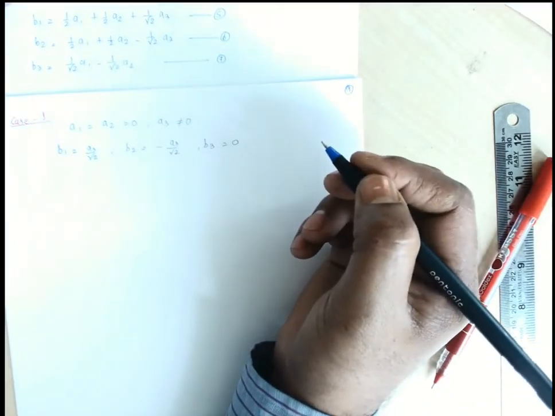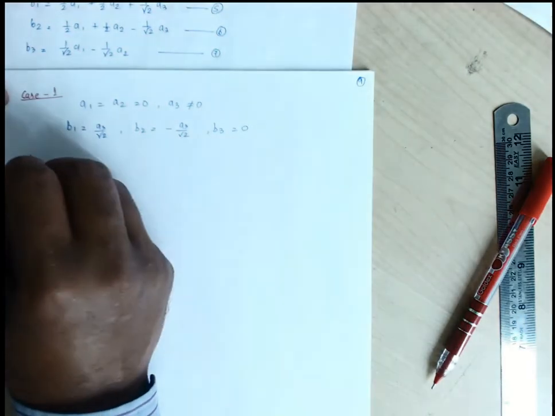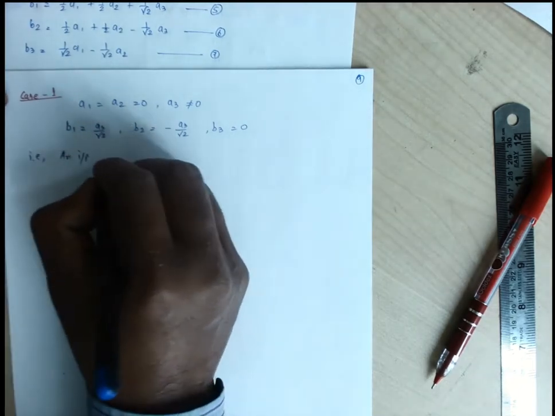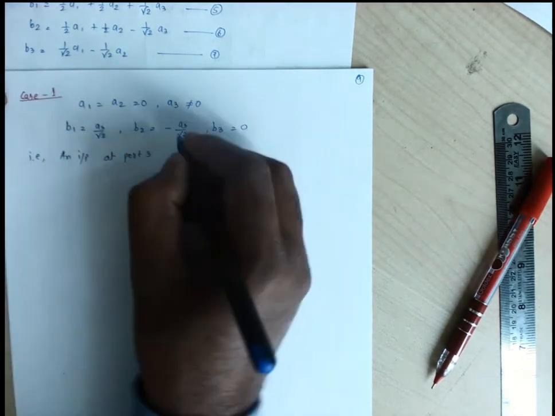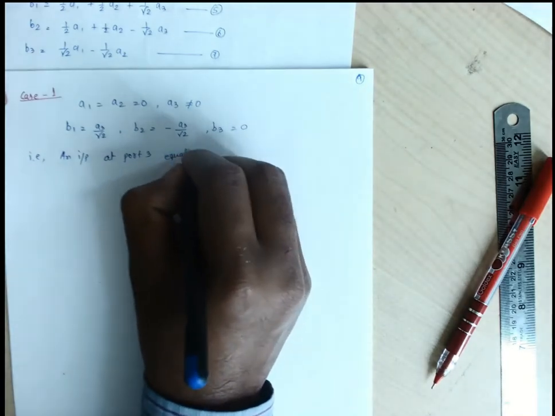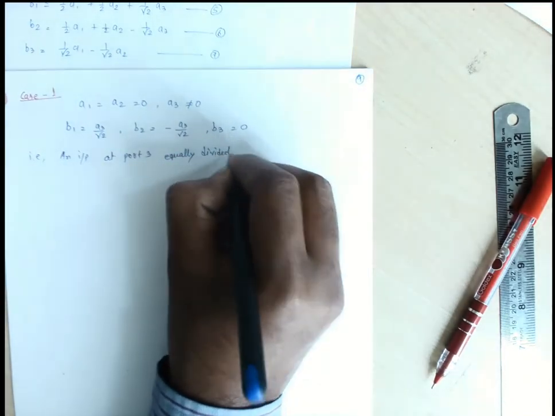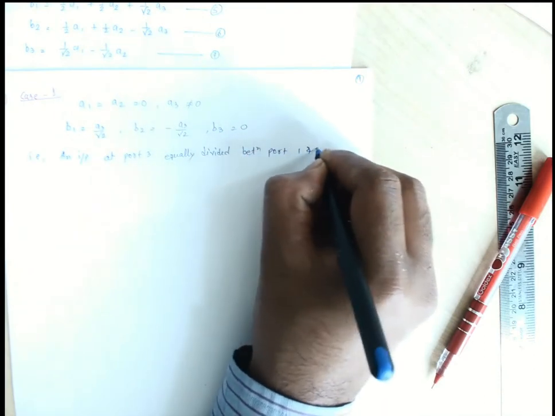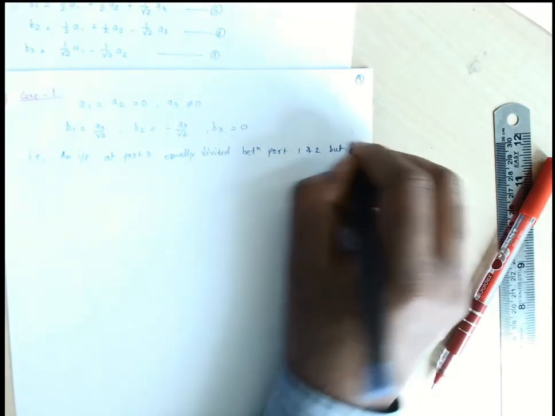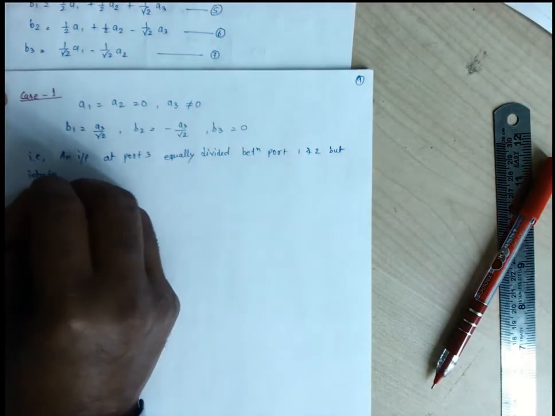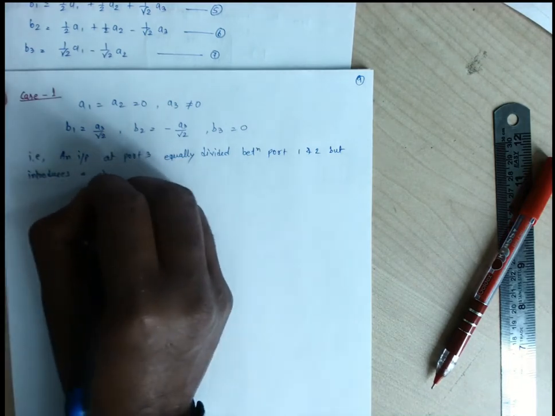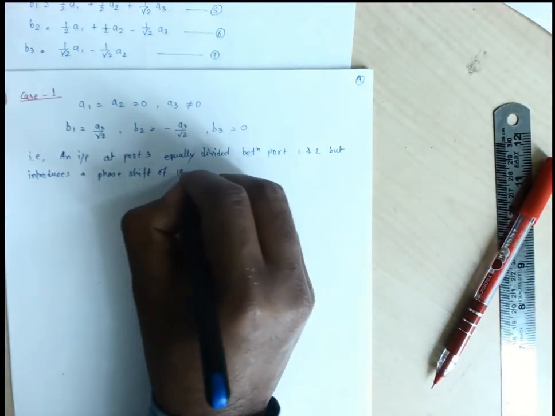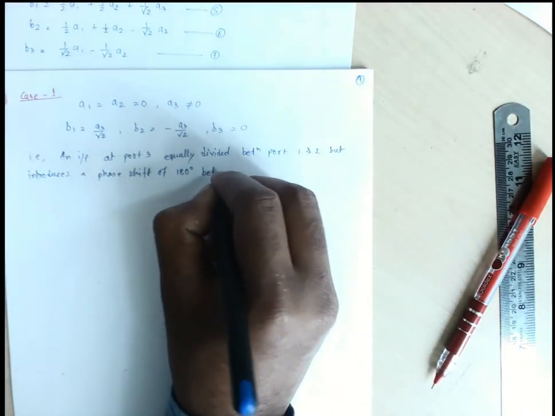So what we can say is that an input at port 3 equally divides between port 1 and 2 but introduces a phase shift of 180 degree between the two outputs.